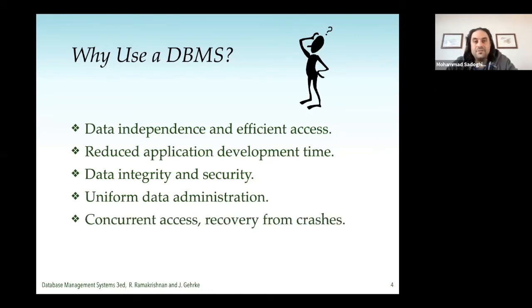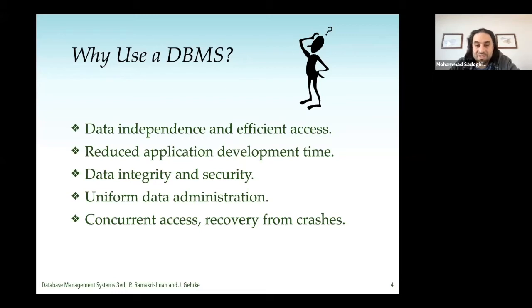And this is something we've touched on. It's crucial: concurrent access and recovery. I have shared resources. I want to allow multiple users to access them, and I want to make sure those accesses are correct. I can reason about the correctness of those accesses, and more importantly, if something goes wrong, I should be able to recover into a consistent state.